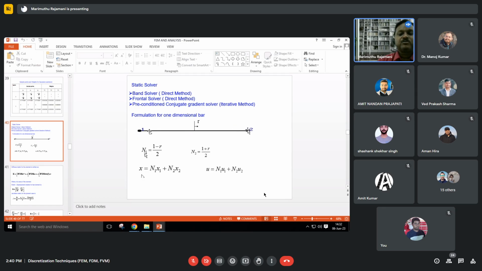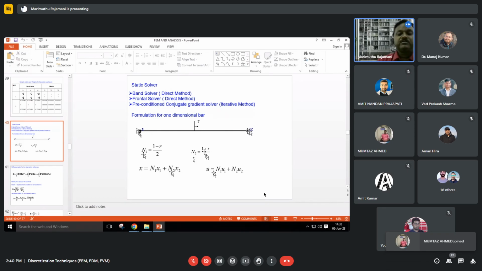And if you substitute r equal to 1, N1 is 0. That satisfies the condition that a shape function should be 1 at its own node and 0 elsewhere. Similarly, for N2, if you put r equal to minus 1, this becomes 0, and if you put r equal to 1, this becomes 1.